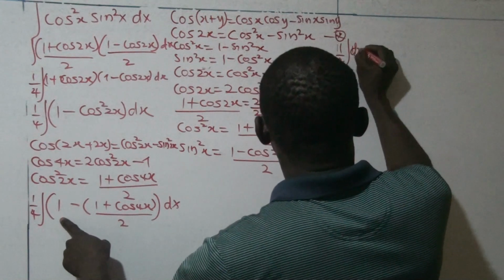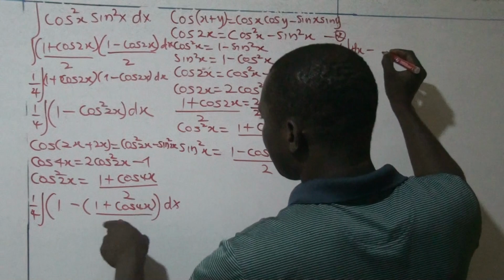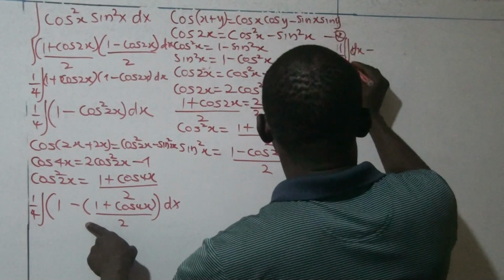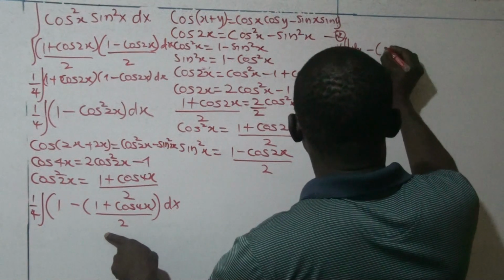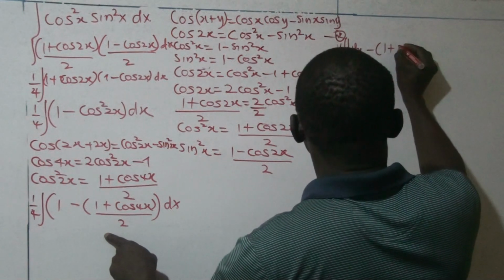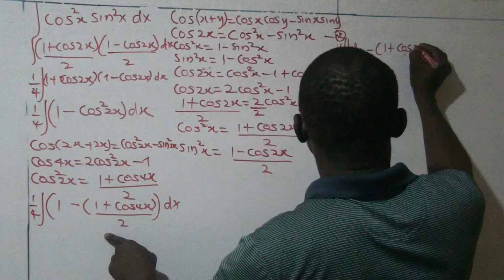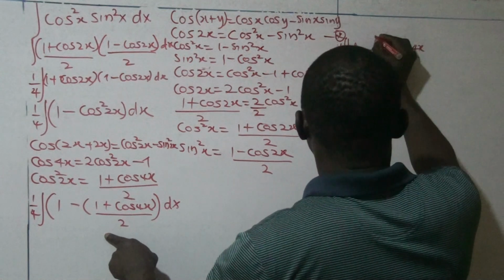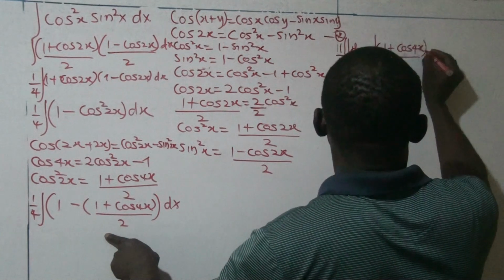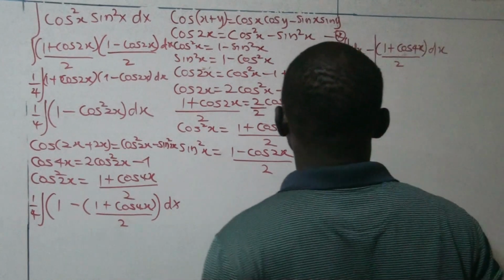dx minus open bracket 1 plus cos 4x divided by 2, integral dx.